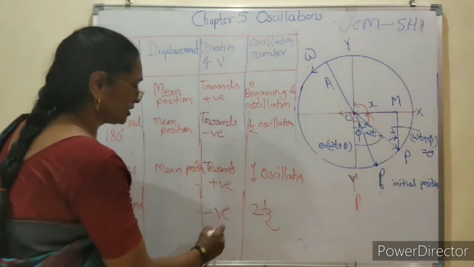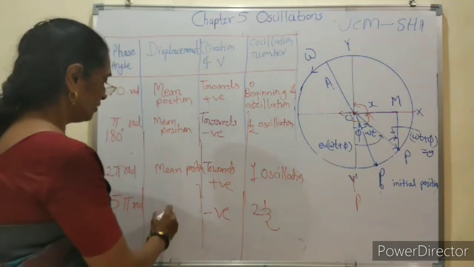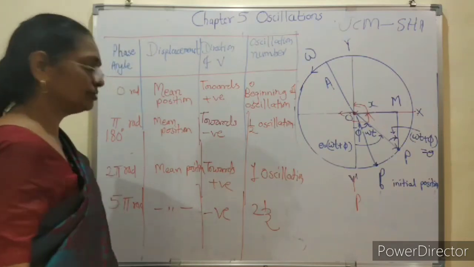Direction of velocity is towards negative, particle is again at mean position.